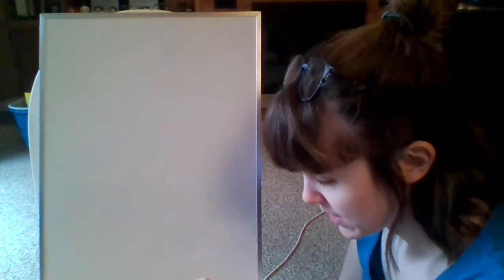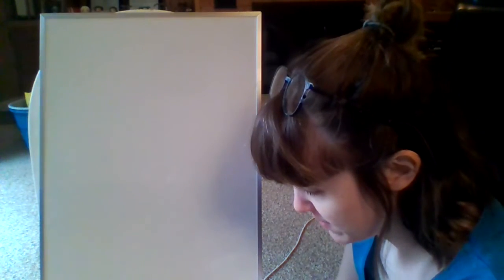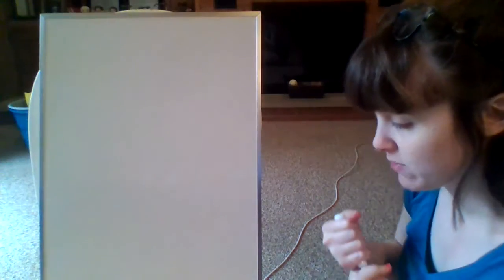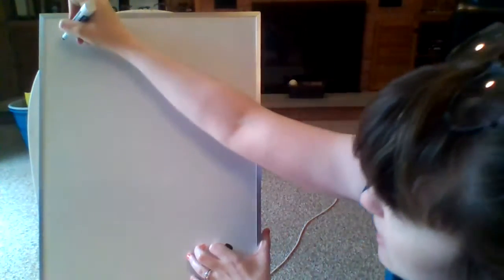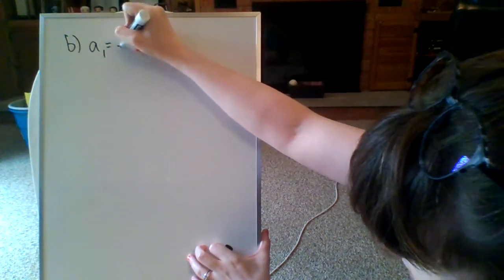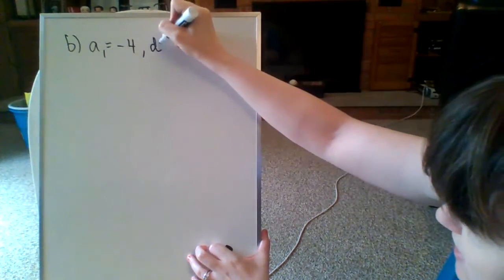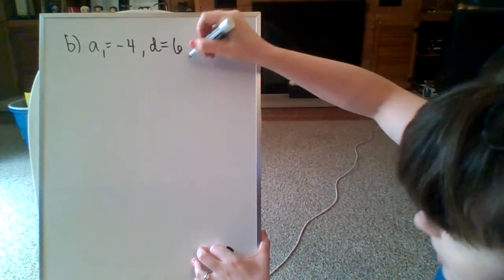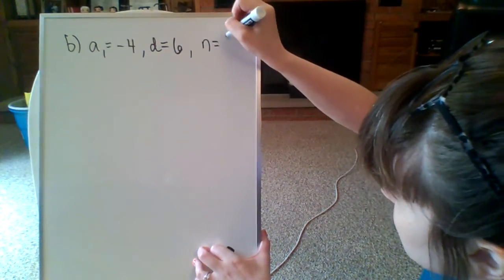Alright. Now, part B of example 1 says, find the indicated term of the arithmetic sequence, and they gave us this time. So this is part B. A1 is negative 4. The difference is 6. And we're looking for the 9th term.